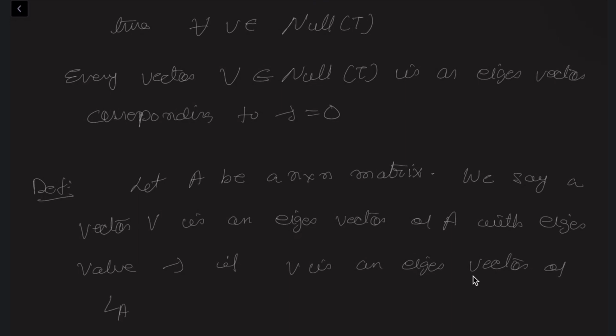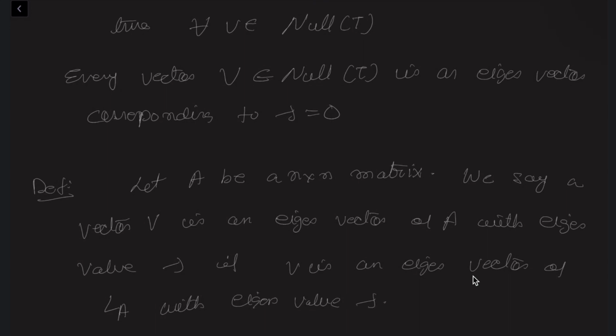Okay, so A is a matrix, and since every matrix corresponds to a linear transformation, that linear transformation I am denoting by L of A, with eigenvalue lambda. So what does it imply?